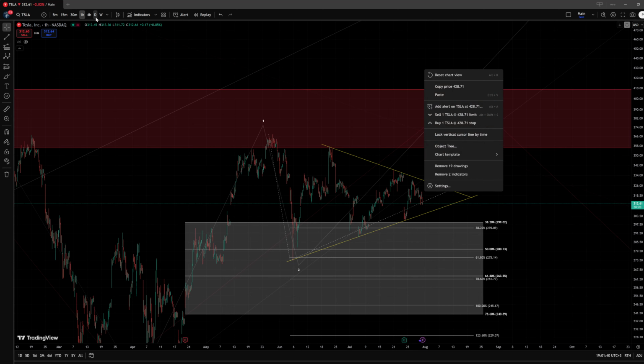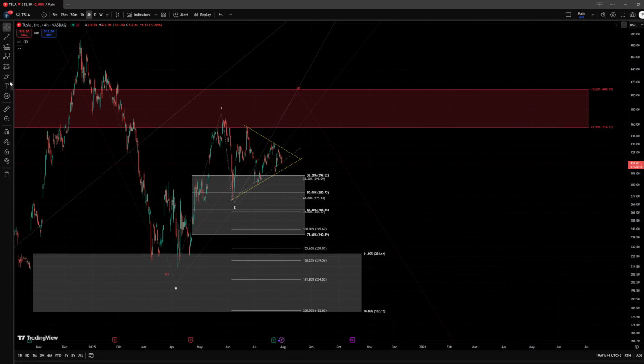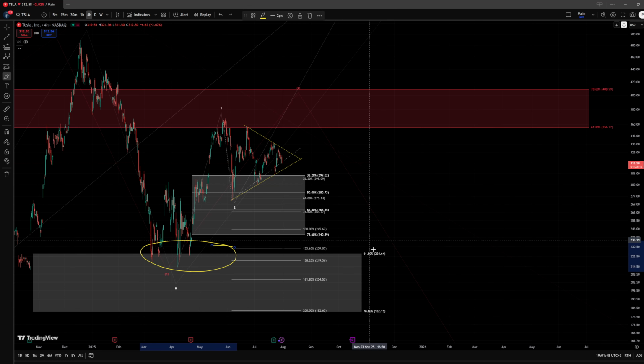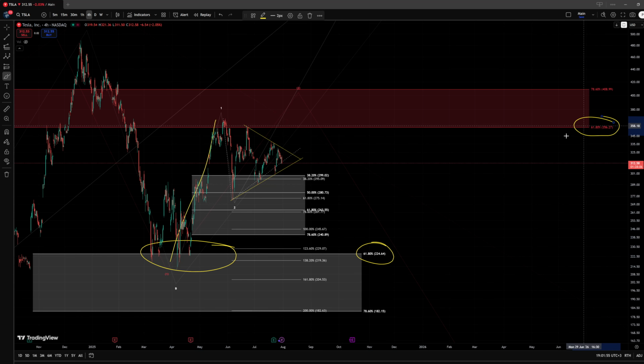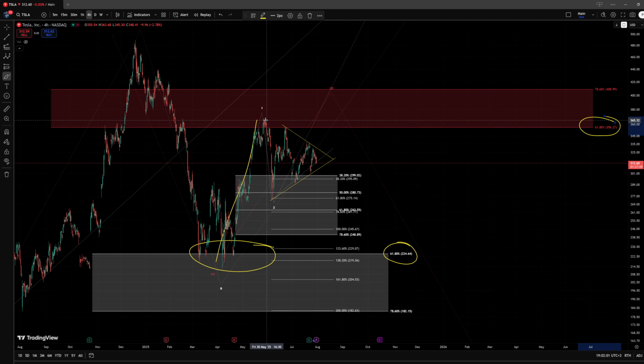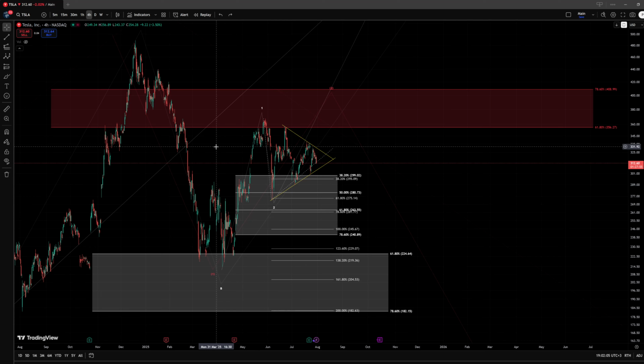If you notice, the market is still very undecided. We came down after the larger A wave and reacted to the 61.8% retracement as a support. Then we pushed higher. We reacted to the 61.8% as resistance. In both cases, we reacted and pushed in the opposite direction. The market is very undecided.